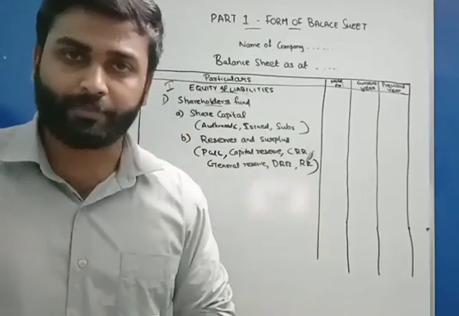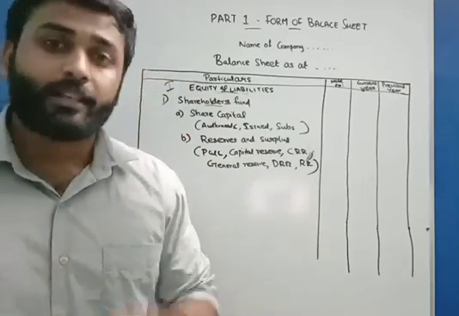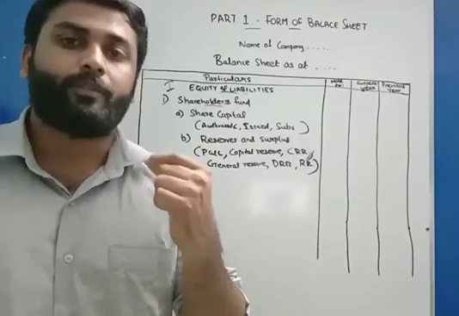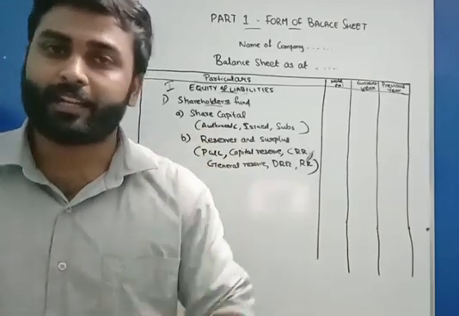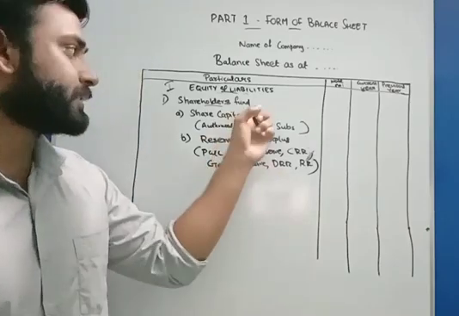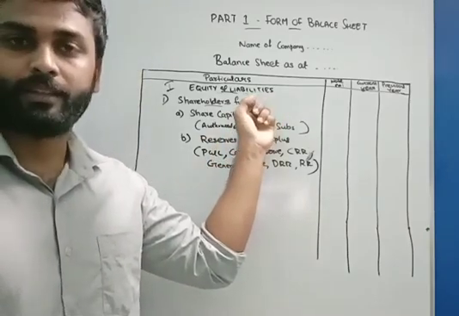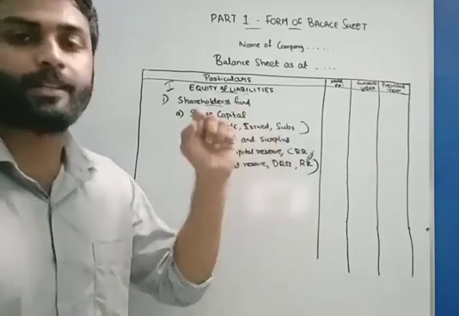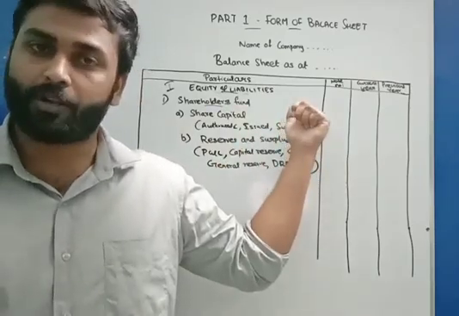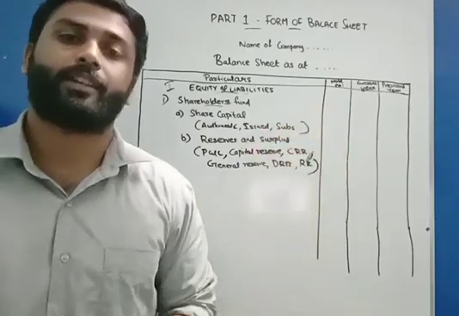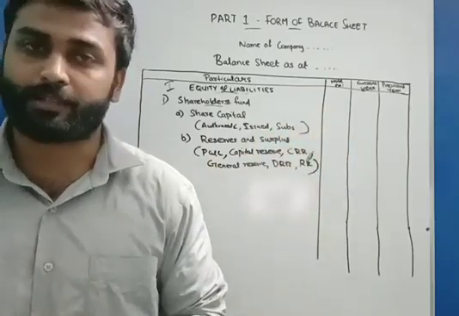A question can be asked like this: general reserve, and we have to note the main heading and subheading. For general reserve, the main heading is shareholders fund and the subheading is reserves and surplus. Whereas for capital redemption reserve, the main heading is the same, shareholders fund, and the subheading is reserves and surplus.